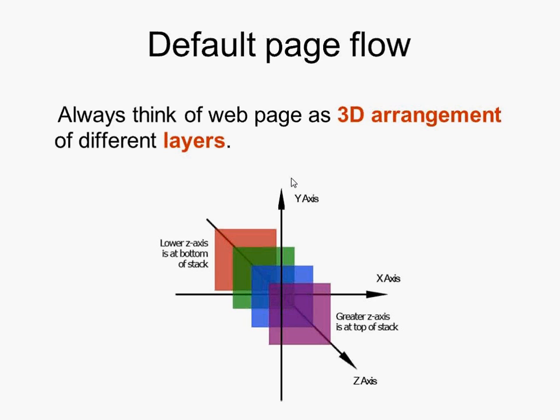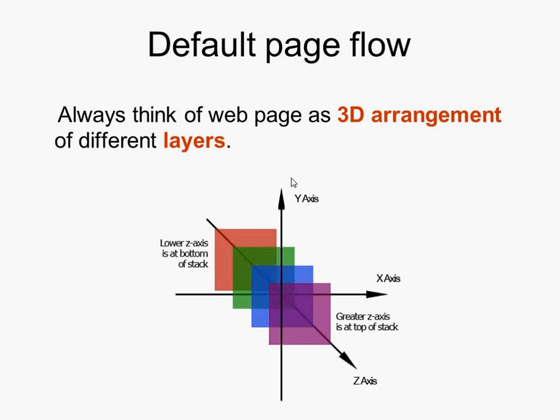It's basically the value of the Z axis towards our side when we are viewing it. The higher the Z axis, the closer to us, and that should be coming on top of other layers. So instead of using the word Z axis, they use Z index.